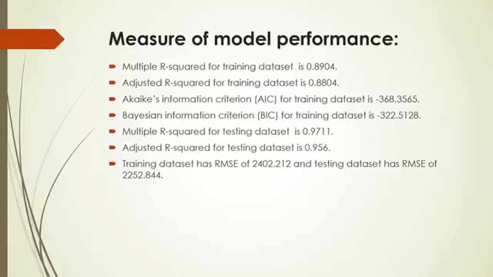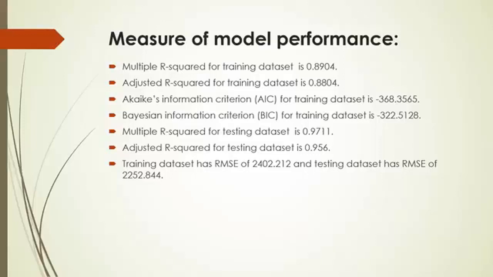We take our third model as the final model, and this is our measure of model performance. Multiple R-square for training dataset is 0.8904. Adjusted R-square for training dataset is 0.8804. AIC for training dataset is minus 368.3565. BIC for training dataset is minus 322.5128.